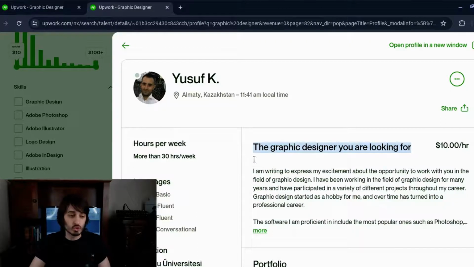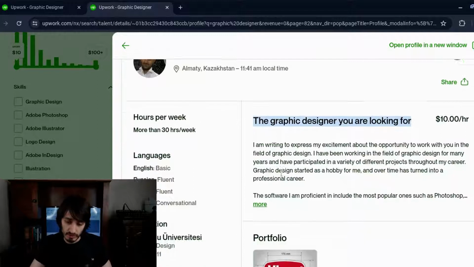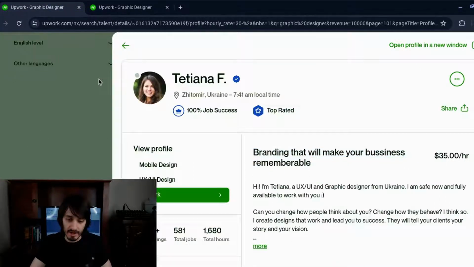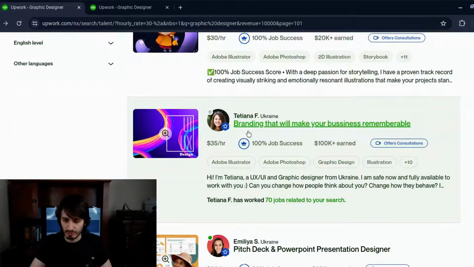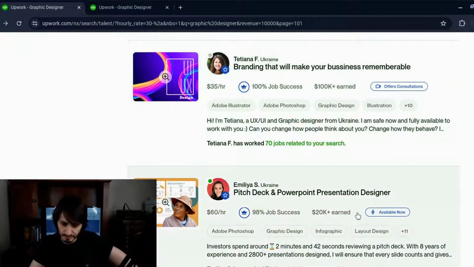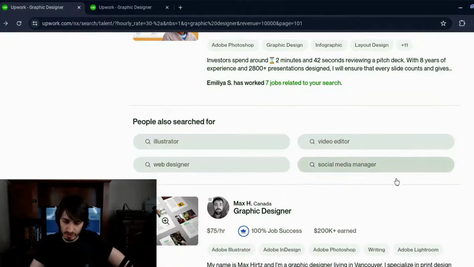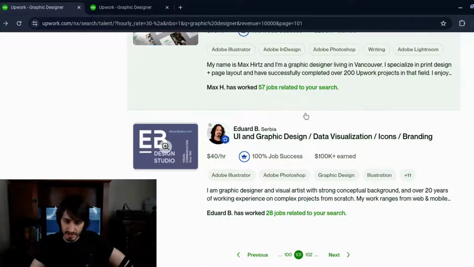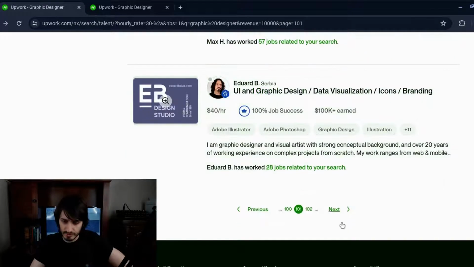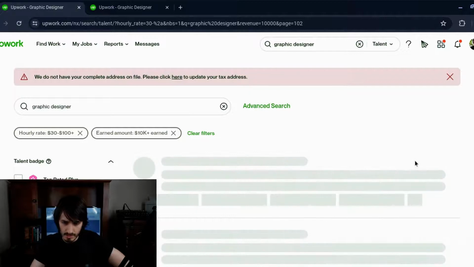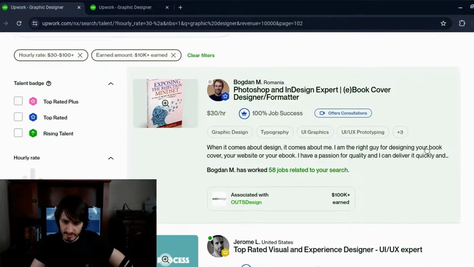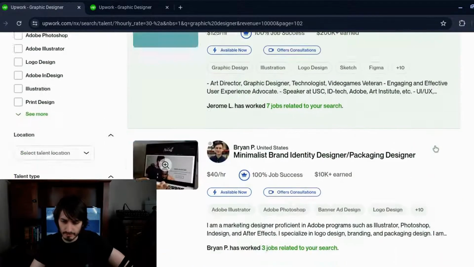This is too generic of a statement. This is just garbage. So if we keep going, how many people are actually using these sorts of titles? Here, those are the technologies she uses. Just graphic designer, data visualizations. Let's see if we can find another one.